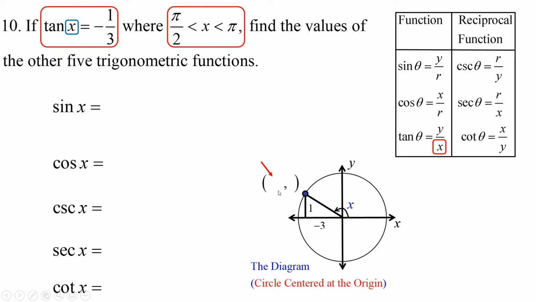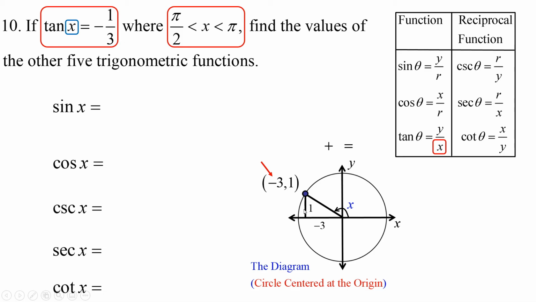So let's put those coordinates in here. The x is negative 3, the y is a 1, and now if I had this hypotenuse to my second quadrant right triangle, or the radius of that circle, I'd have everything I need to answer all these questions. Well, that's not a special right triangle, so we're going to have to use the Pythagorean theorem.